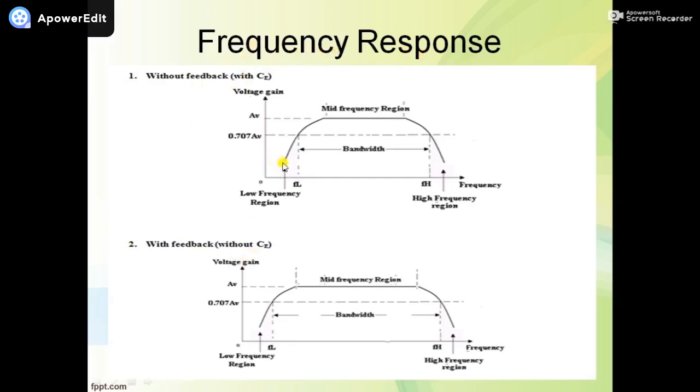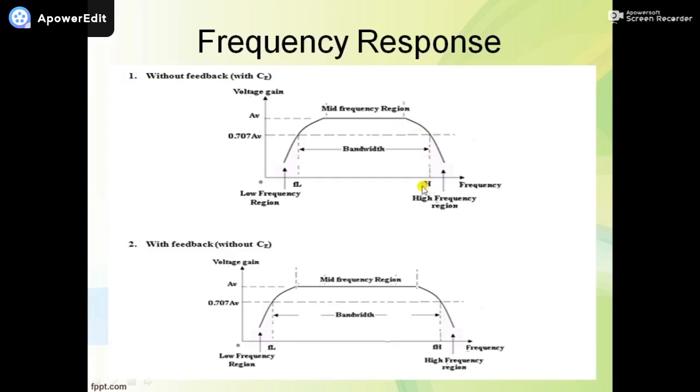See, this is at 0 level, at output 0 level. When we apply a small amount of frequency, as output is 0, the gain is 0. As the frequency increases, the output also increases, that means the gain also increases. And after a certain frequency, up to the FH level, the gain is totally constant.